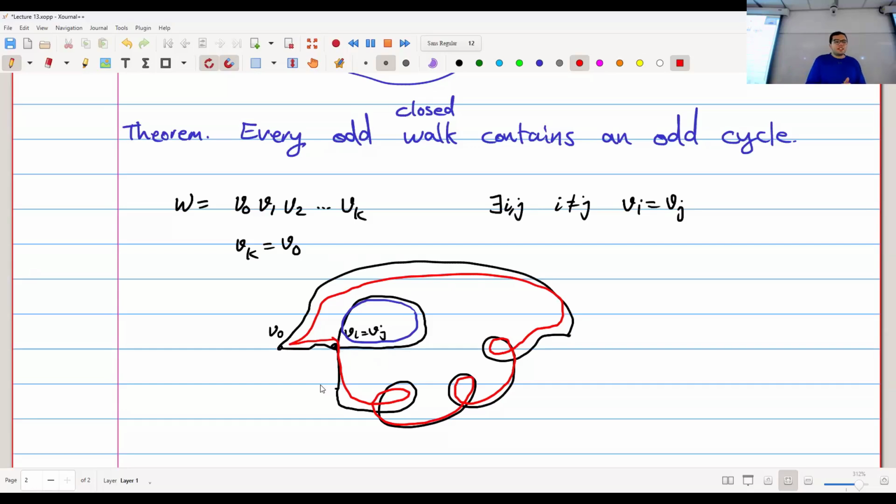And it's an odd cycle because every time I'm choosing the odd part. So every time that I'm dividing my big VOC into two smaller VOCs, if the blue part is odd, continue with the blue part. If the red part is odd, continue with the red part. So I'm always keeping it odd, but I'm also decreasing the size. It cannot decrease forever. The only case that this will stop is if I have an odd cycle. So every odd closed VOC contains an odd cycle.